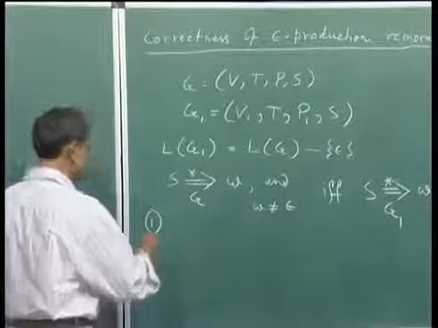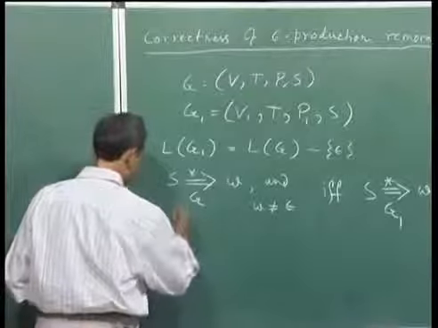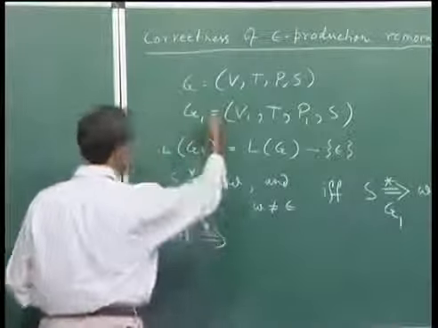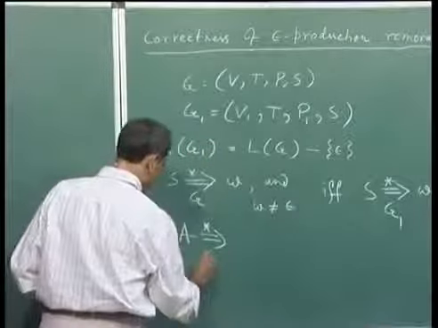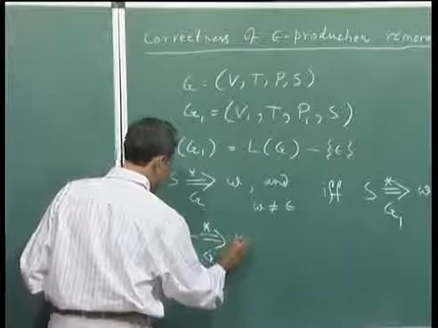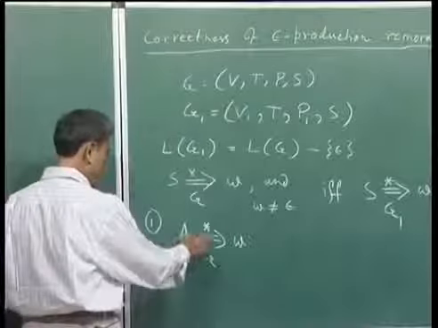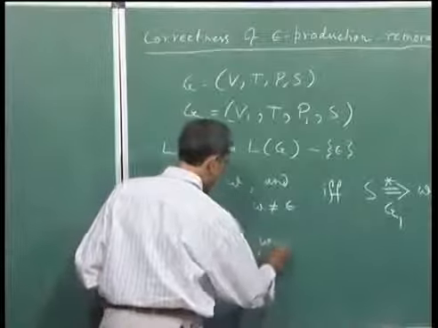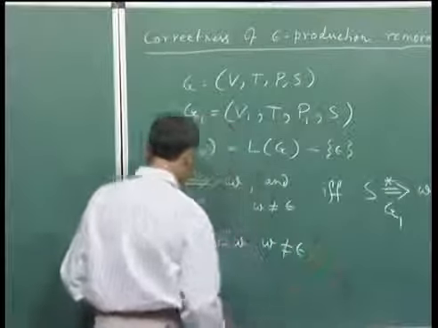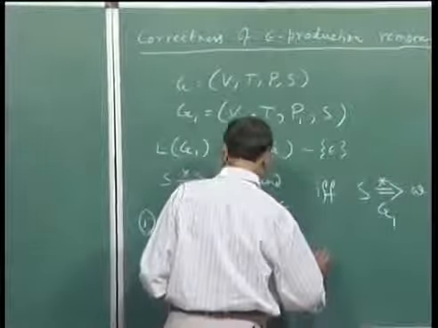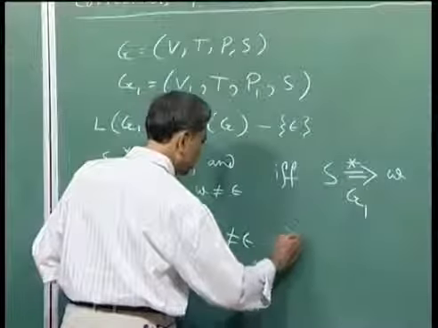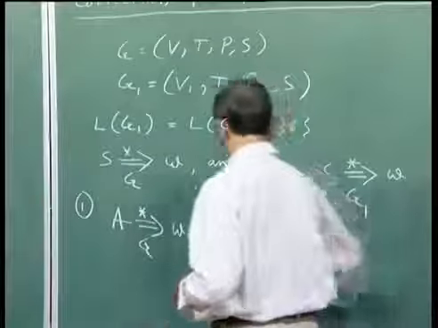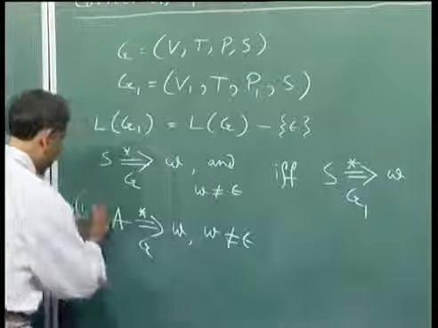So, let us say what we want to show, that A being a non-terminal, and in G that derives some string W. From the non-terminal A you can get this terminal string W. W is not epsilon, then, let me not use the implies symbol because that might be confusing with our derivation symbol.